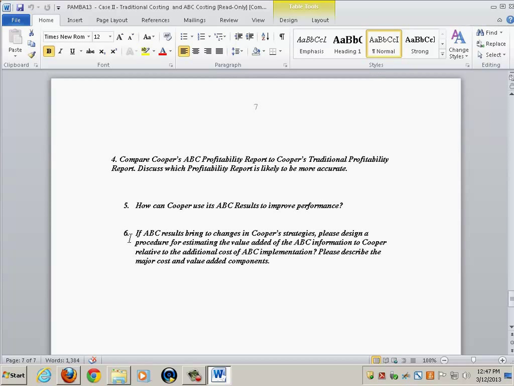Requirement 6 has to do with the following reality. You may discover that ABC is a better system, more sophisticated, likely to produce more accurate results. So simple, why don't we all switch to ABC? Well, as with all good things, there's no free lunch.